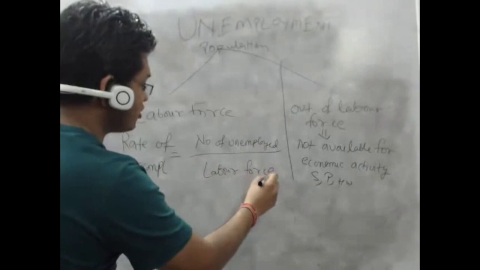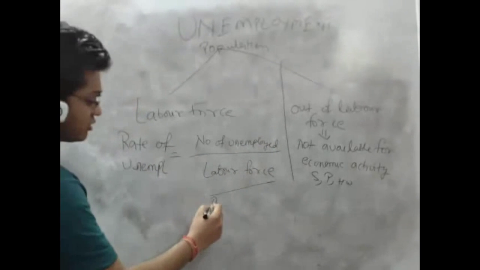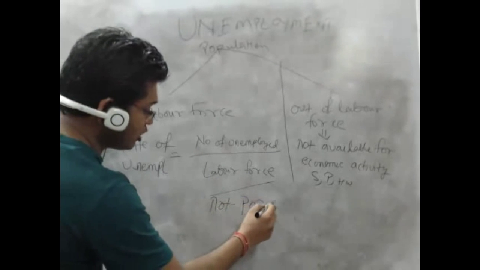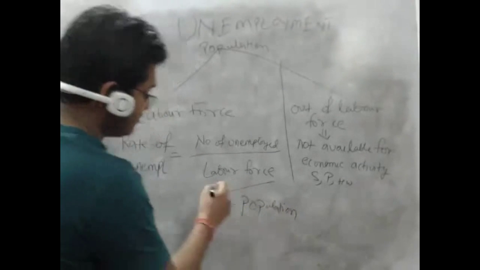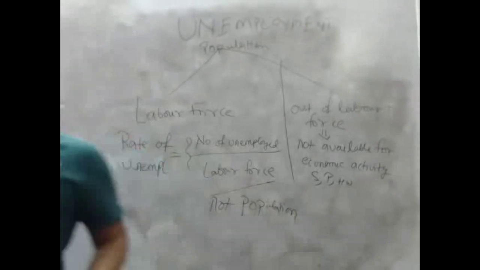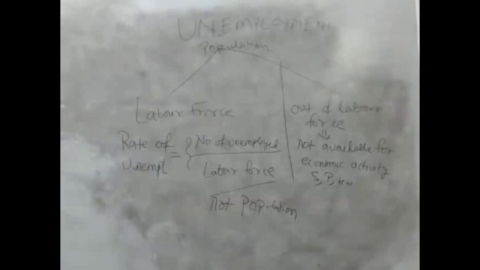This formula is very important. Don't take population in denominator, not population. First thing, it is very important. Number of unemployed divided by labor force. Out of labor force means they are not available for economic activity.